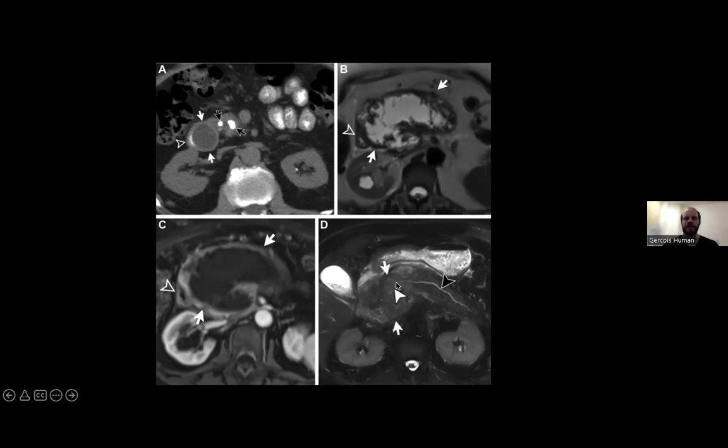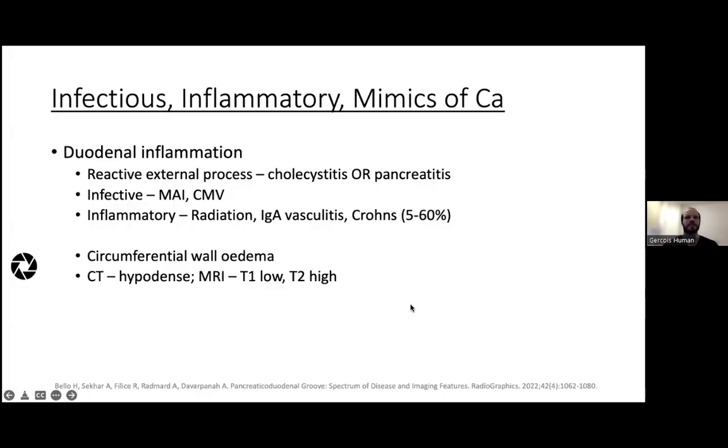In comparison with our adenocarcinoma, which showed an abrupt cut-off, this just has a smooth, narrow tapering as it courses through the region of pancreatitis.